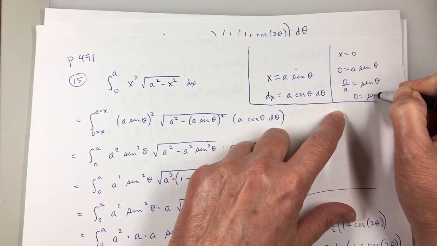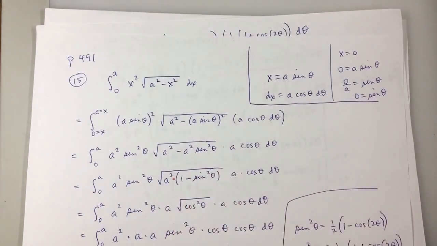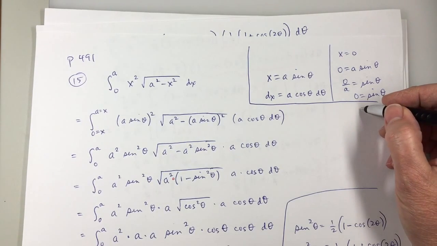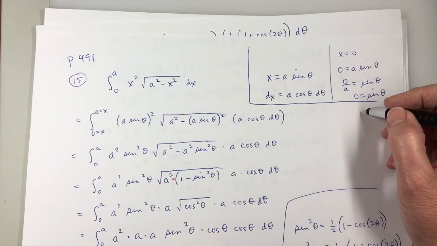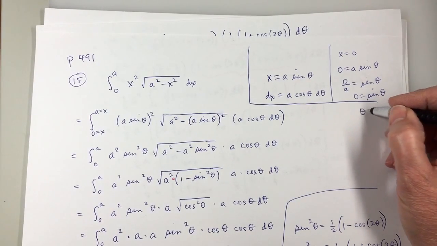So 0 equals sine theta. What angle does sine theta equal 0? At 0. For our purposes here, at 0.